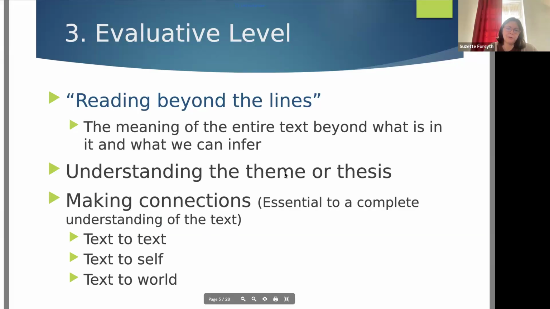So, when we talk about what is the theme, what is the thesis, sometimes it's directly stated in the text, and that would be at the literal level because you could find it. But also, sometimes it's hard to know. Maybe the thesis is only implied and they didn't directly state it.